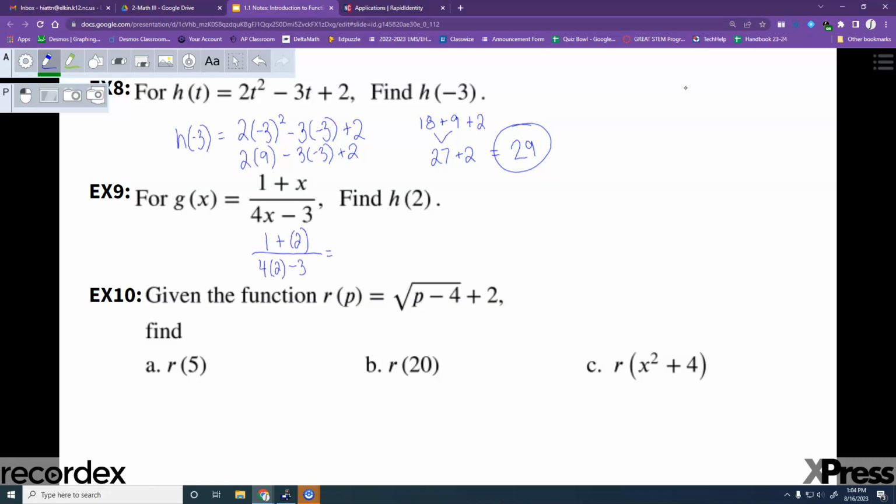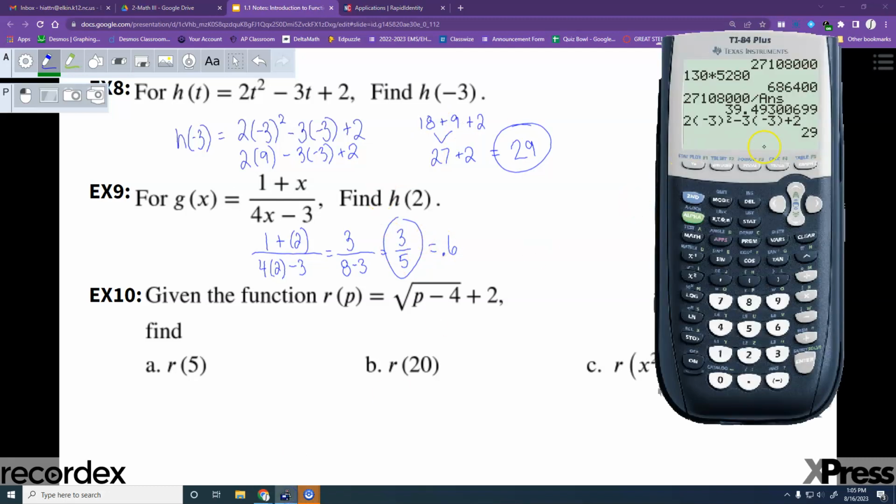We would do the top of this first, and we would get 3. And on the bottom, we would need to multiply first, so we'd get 8 minus 3, which would give us 5. So we'd have 3 fifths. You can just leave that as a fraction, or you could do a decimal if you want. It would be 0.6. So this is the correct answer.